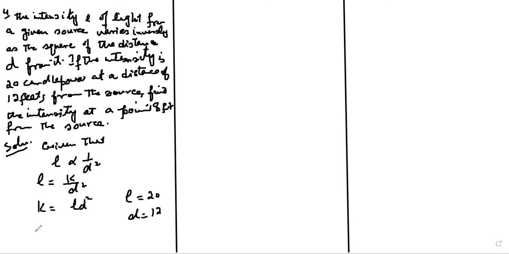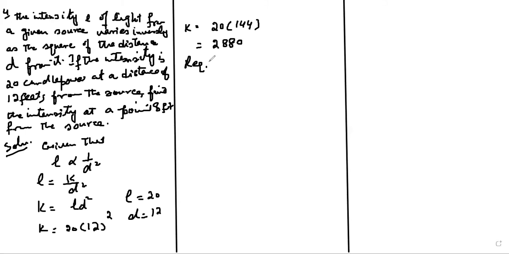So we have K equals to L D square. D square is 12 square. Okay. So K equals to 20 times 144, which is equals to 2880. And I have told you that K has no units.